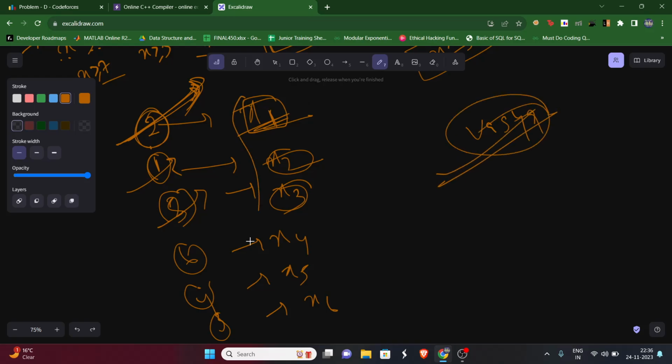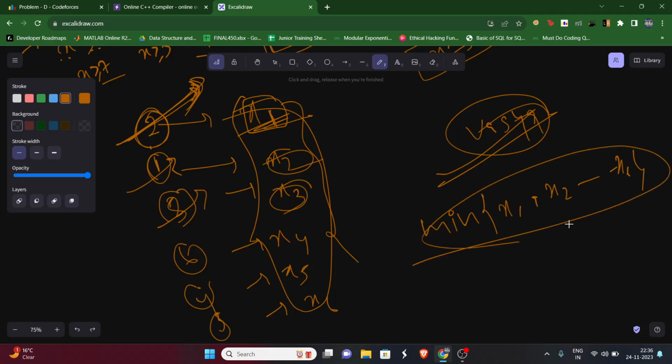So what will be our answer? Our answer will be the minimum of all these values. So our answer will be the minimum of x1, x2 till x6. Whatever the minimum value of x is, we can have that as our answer, because that will represent it.